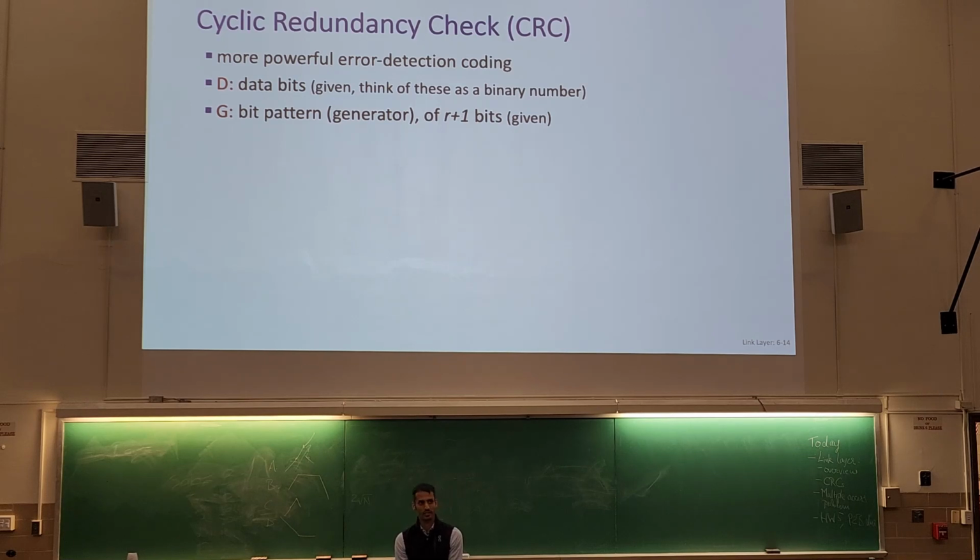But at lower levels, like the link layer, on the wire at least, errors typically happen in bursts. It's not that bits are randomly getting flipped on the wire. That usually doesn't happen. Usually what happens is a contiguous string of bits gets corrupted, right?